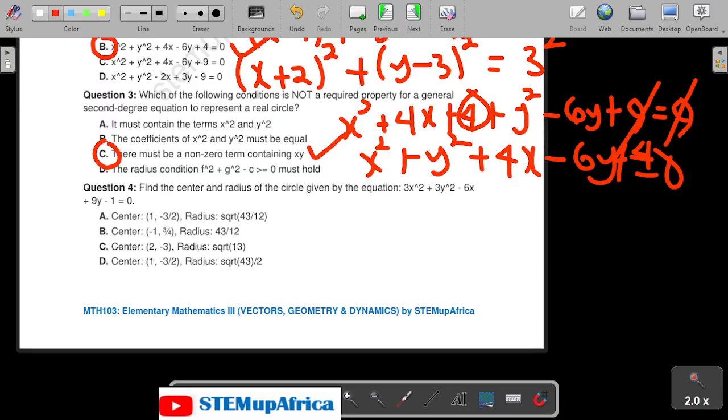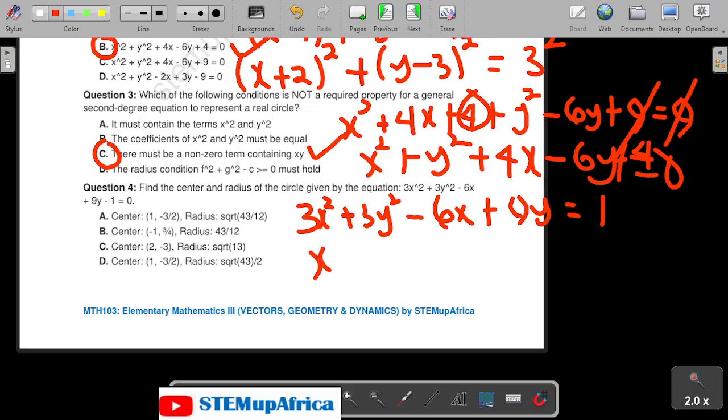Now, question 4. To find the center and radius of a circle from this expression. The expression given to us is 3x squared plus 3y squared minus 6x plus 9y. I will transfer the constant to become positive, so I will divide both sides by the coefficient of x squared and y squared, which is 3.